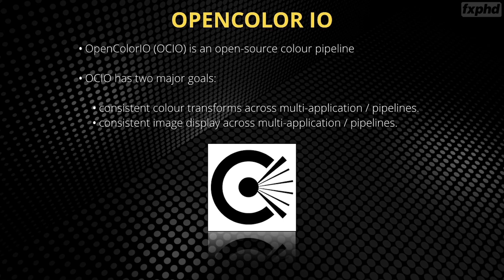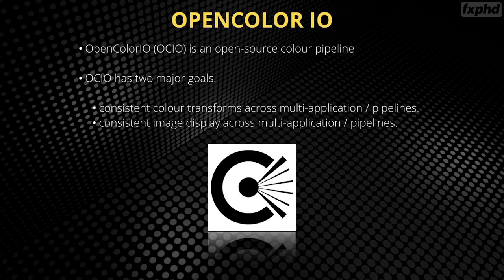OpenColor.io is an open source color pipeline. It's integrated into a lot of software. Nuke has it, Mari has it, Katana has it, Maya has it. It basically has two major goals: consistent color transforms across multiple applications and pipelines. So basically, when you say that you want the color transform to be this, it's going to be that across everything.